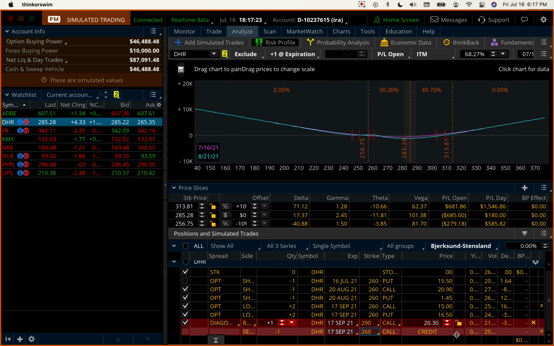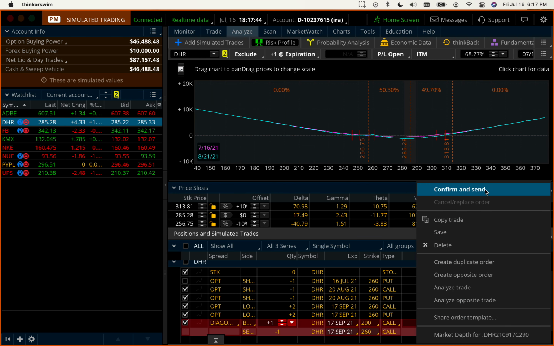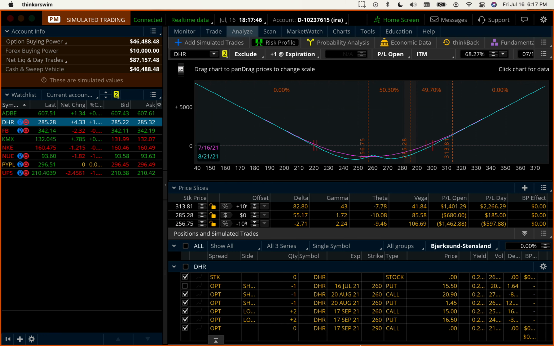That's fine, because if the stock continues on higher as a result of the earnings, I will make additional money. If it collapses as a result of the earnings, I make additional money. Meanwhile, I'm collecting $20.30, which multiplied by 100 is $2,030.